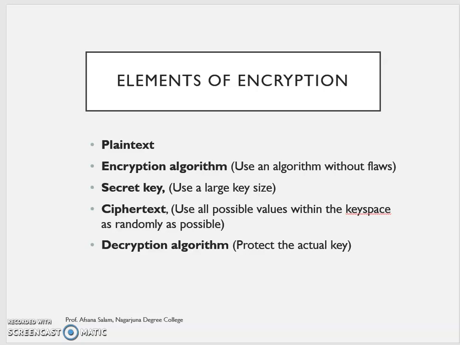Plain text, if I name it Afsana here, is the plain text without any algorithm used on it. When I use an algorithm on it, it becomes an encryption algorithm. I'm using my name's initials, AFS, only.